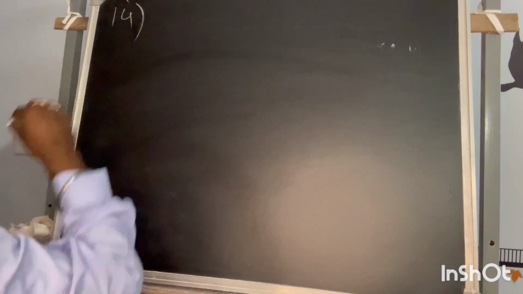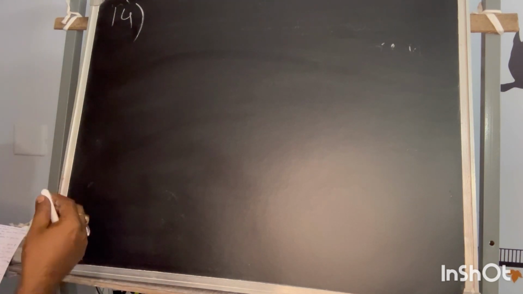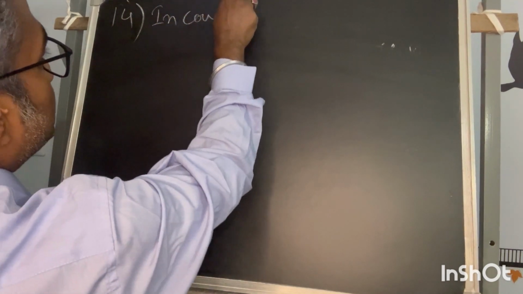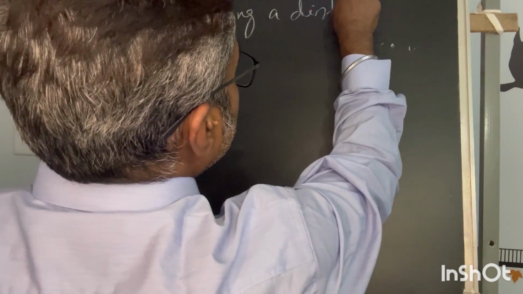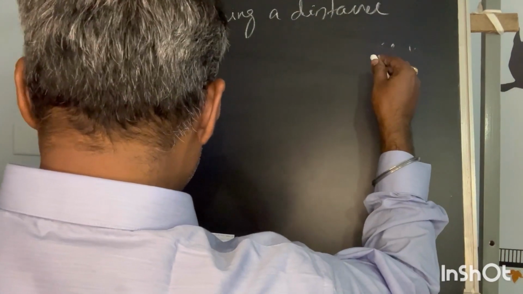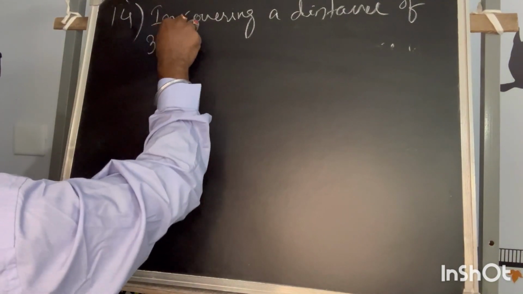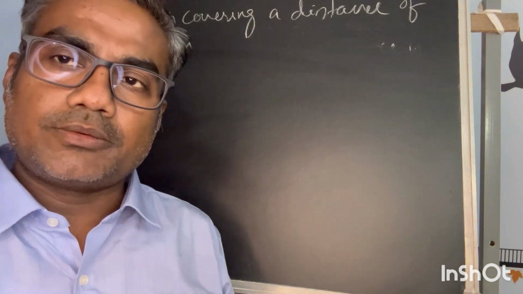Problem 14. In covering a distance of 30 kilometer, slowly I will go on, meaning a tougher problem.